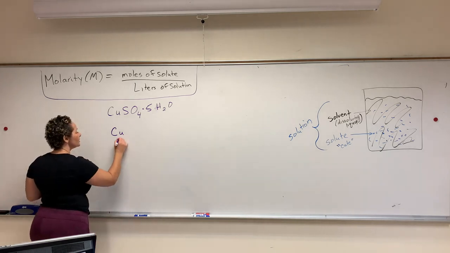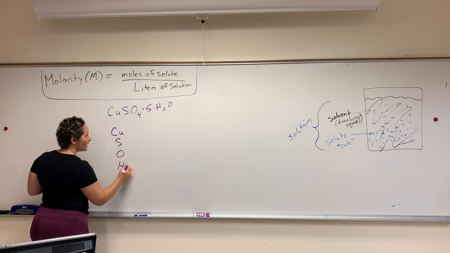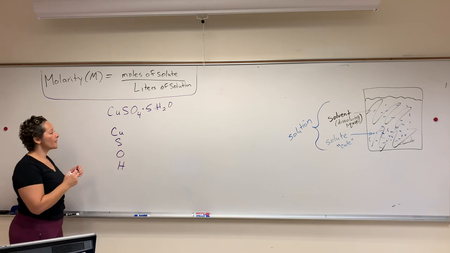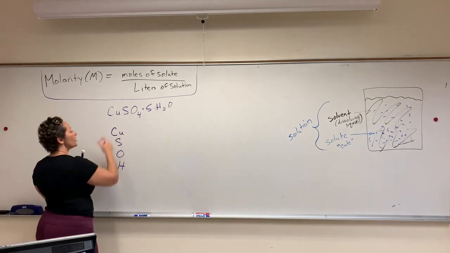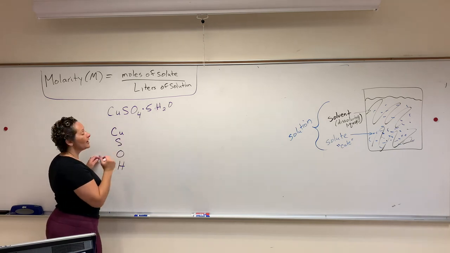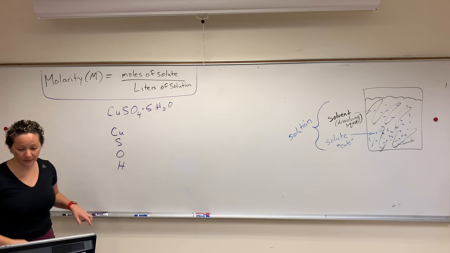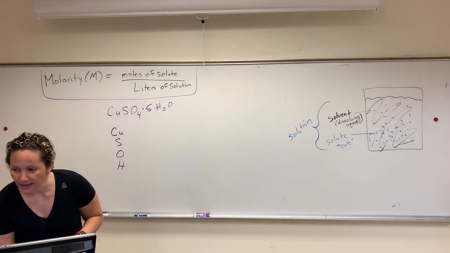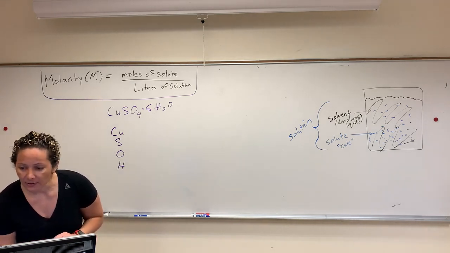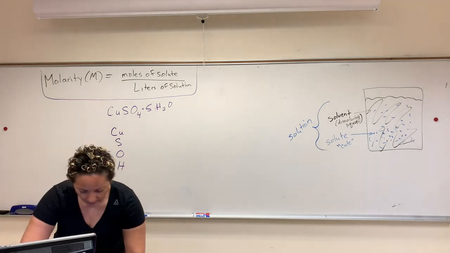So you got copper, you got sulfur, oxygen, hydrogens, and more oxygen, okay? So your copper, we just have 1 atom of copper. But what we need to do is look at our periodic table and find the mass of the copper. I didn't have a periodic table out. What was I thinking? Let me go to the internet because they have plenty of them there. Let's see.